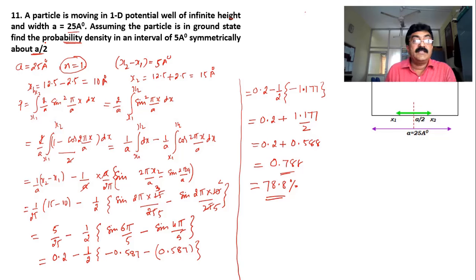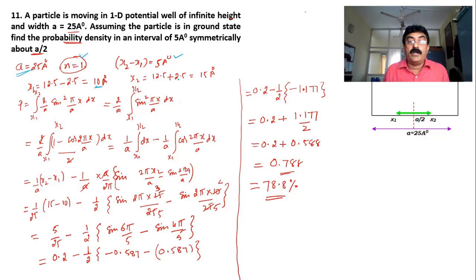Yes, the particle is in the ground state, so n is equal to 1. I write that in a different color, so n is 1, correct. A is 25, correct. Difference is 5 angstrom, correct. Now x2 is 12.5 plus 2.5, that is 15, and x1 is 12.5 minus 2.5, that is 10. Why 12.5? Because it is half of the potential well.